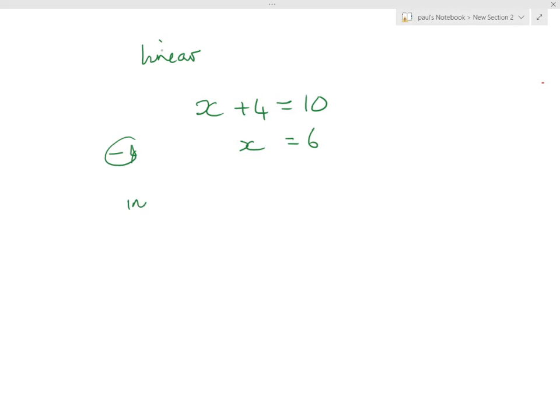Now an inequality looks like this. x plus 4, and we can have a symbol. We can have any one of the 4 symbols there, and it won't make any difference at all.